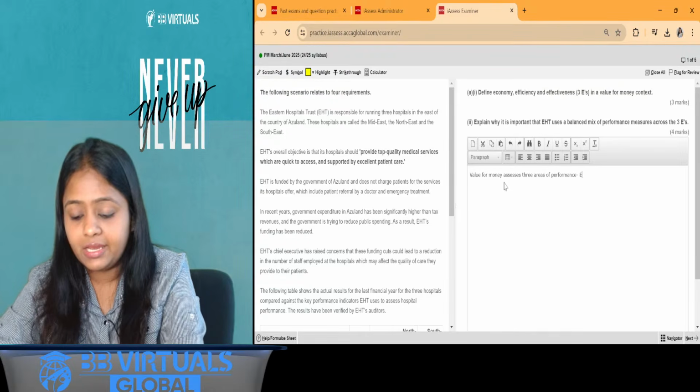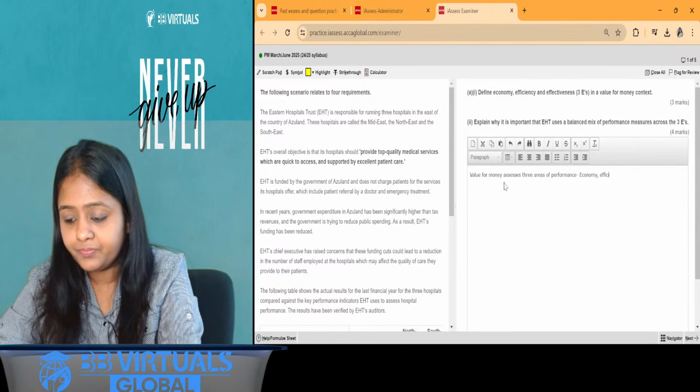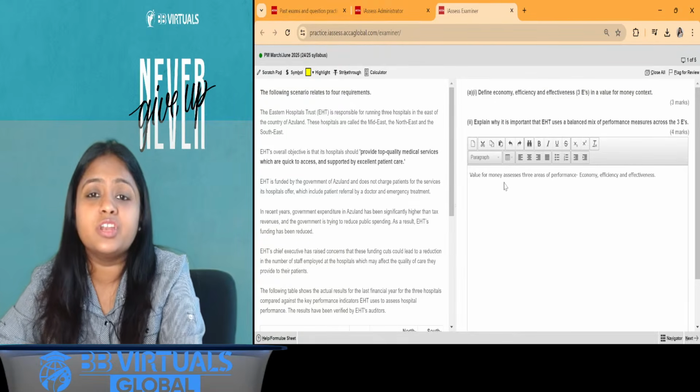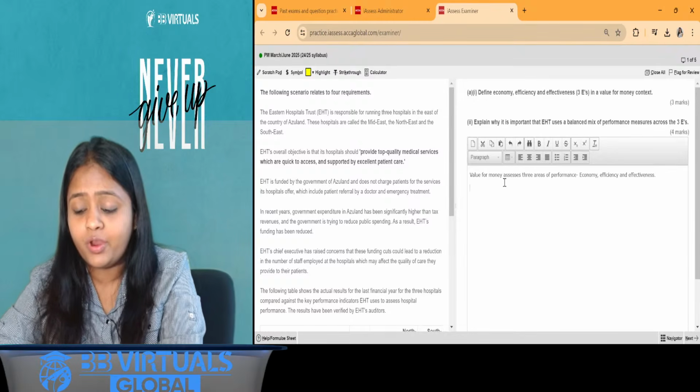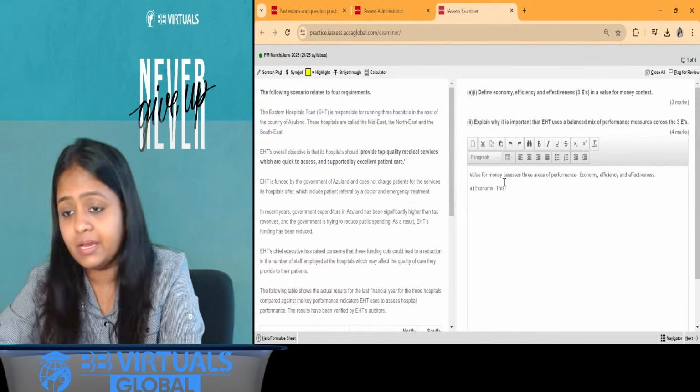And what are the 3 areas? Economy, efficiency, and effectiveness. Done. This is the intro. Now write 1 point for each. First I will take economy.